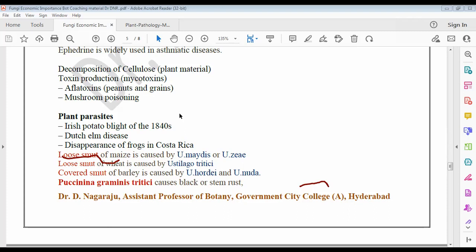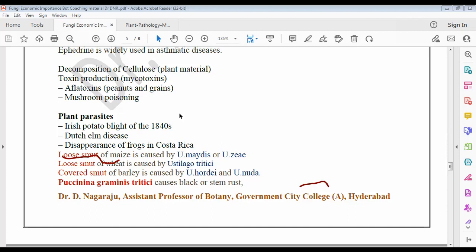Hemileia vastatrix fungus caused coffee rust in Sri Lanka. Total coffee crops vanished in Sri Lanka. After that, they did not grow coffee plants in Sri Lanka. They totally shifted from coffee to tea, because of a single fungus.